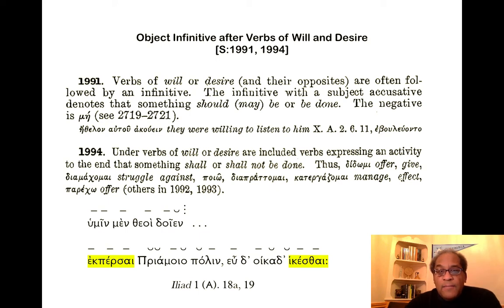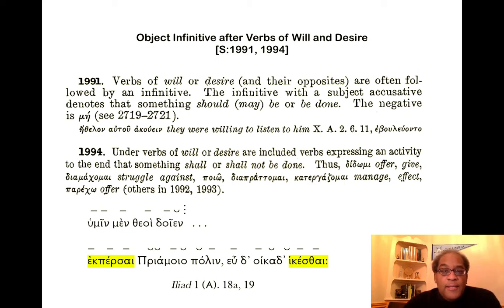The negative is me. So the first example here is with the verb ethelon, which means they were willing, and it takes, just like in English, I'm willing to marry her. Ethelon autou akouein, they were willing to listen to him. Autou akouein, to hear him.